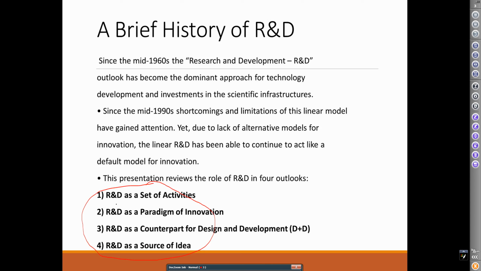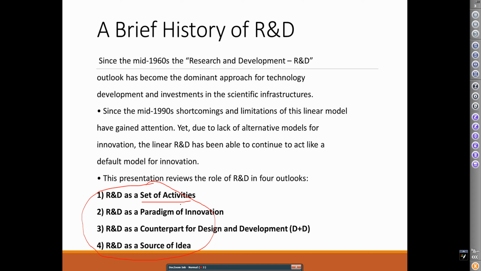The first outlook, R&D as a set of activities. So we may identify our research and development process just as a set of activities. In this case, we should define what kind of activities do we have, maybe marketing activities and research, maybe technologies activities and intellectual property rights, maybe labor activities or intellectual activities and the knowledge transferring process.